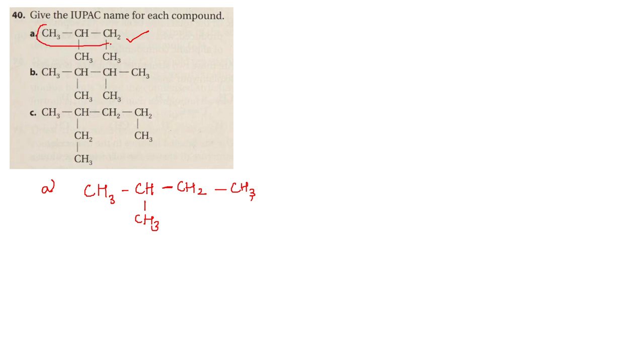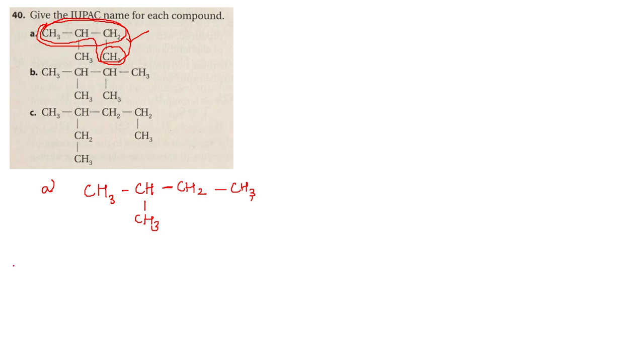Dia says it's 3 carbon atoms, but I say that it is 4 carbon. This is the longest chain possible. The substituent is connected to the last carbon atom, meaning it is part of the chain. It is not a substituent.